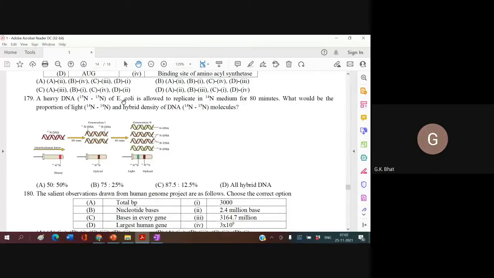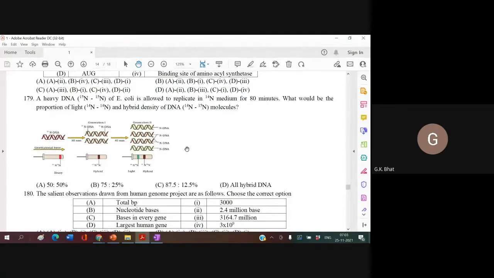A heavy DNA is allowed to replicate in N14 medium for 80 minutes. This is first 20, this is 40, then 60, then 80. Okay. 75-25. When is this 50-50? After 20 minutes. After 40 minutes, what will happen? 75-25.